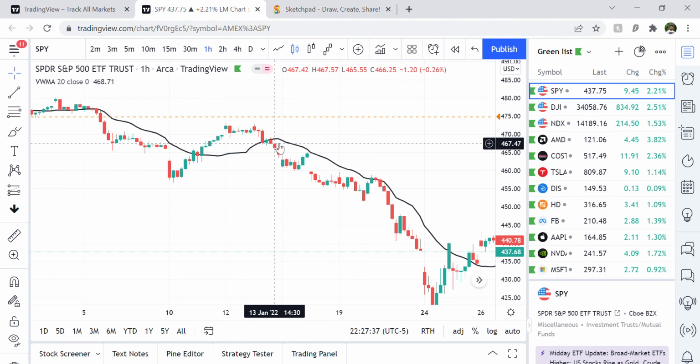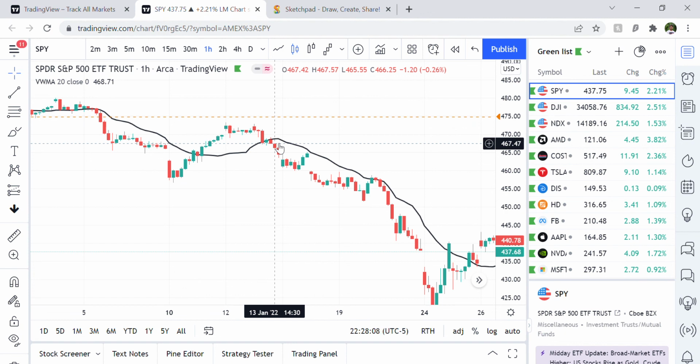The next candle, yeah, one more thing I would like to add. It's not necessary that the same candle goes 0.5% above or below the VWMA. You can enter if the next candle, or the next to next candle, whenever you get a closing 0.5% beyond VWMA once the price has crossed VWMA in either direction.